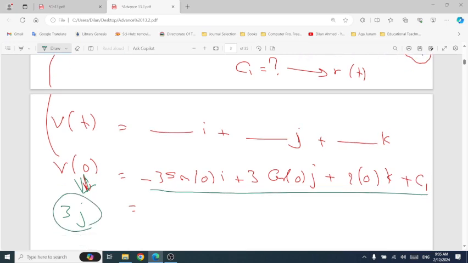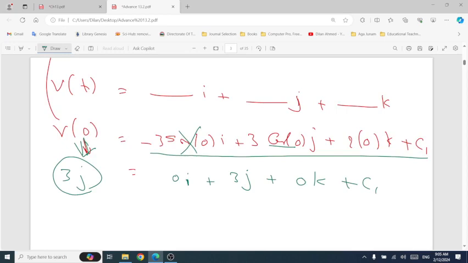So compare sine of 0, 0i, 3j, 0k, C1. Tell me, C1 is equal to what? 0, because that one is removed. So C1 equals 0.